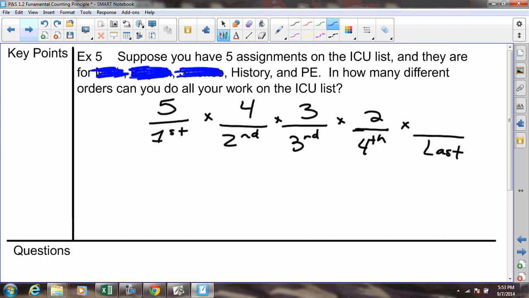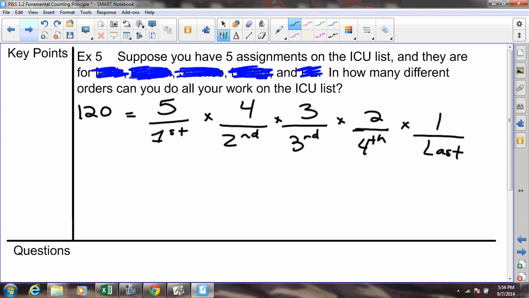And so let's say you pick to do history. At this point, there's only the last one. The only thing you could pick now is to do your PE, which gets rid of everything from your list. By the fundamental counting principle, all we have to do is take 5 times 4 times 3 times 2 times 1, which gives us 120.